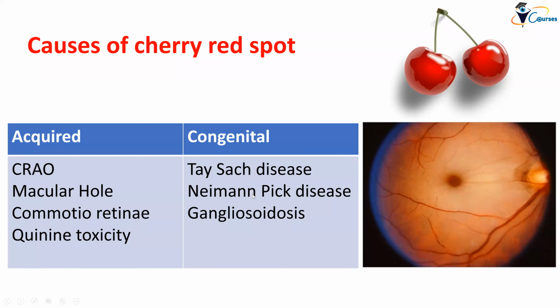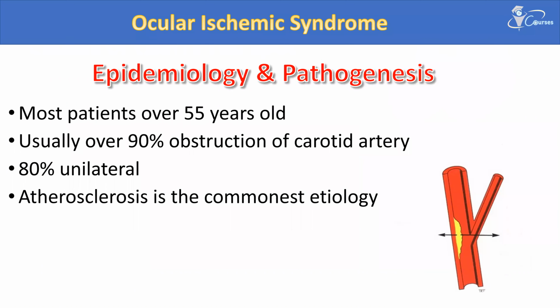The other disease, which is in close relation to central retinal artery occlusion because of the common pathology, is the ocular ischemic syndrome. This disease affects elderly patients. In 90% or more of those patients, it is due to carotid artery insufficiency.